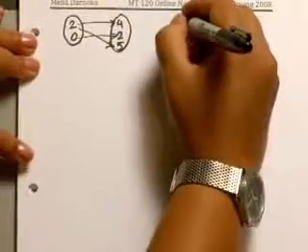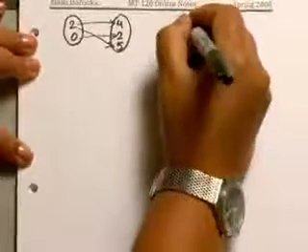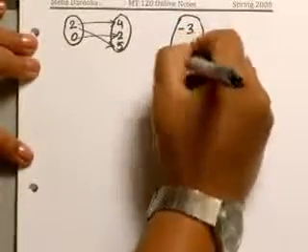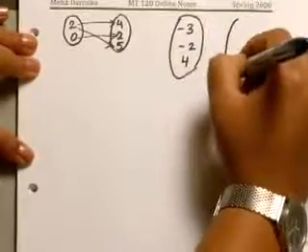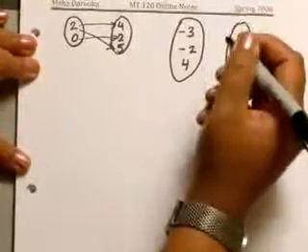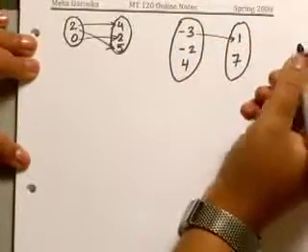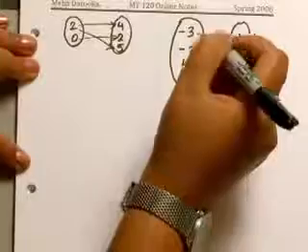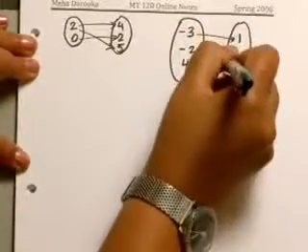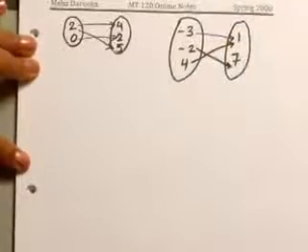We can write another example here. Let's see, -3, -2, 4, 1 and 7, and you have -3 corresponds to 1, -2 corresponds to 7, and 4 corresponds to 1.